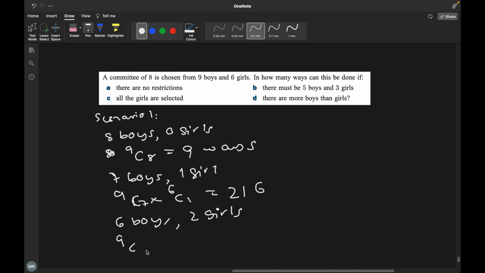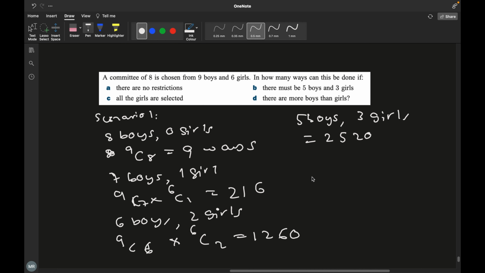It's going to be 9C6 into 6C2. It's 1,260. Now 5 boys, 3 girls. We already found this out in B, which is 2,520.